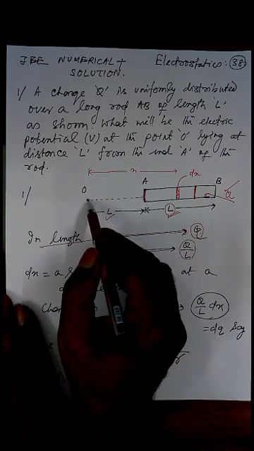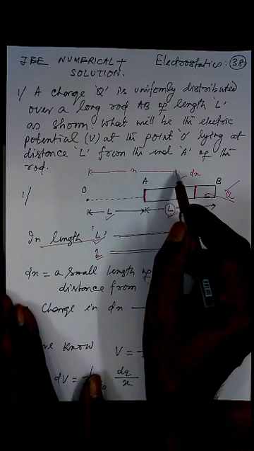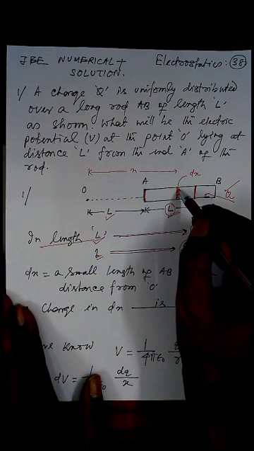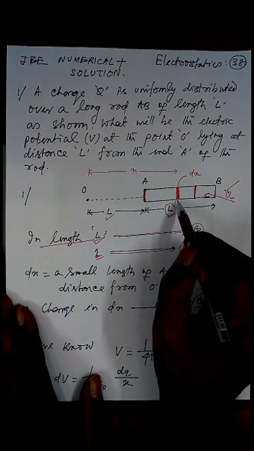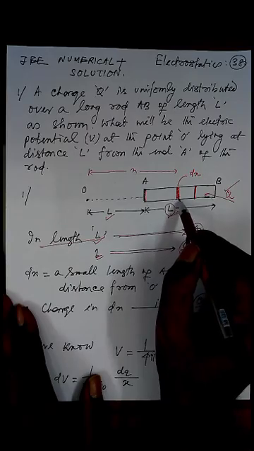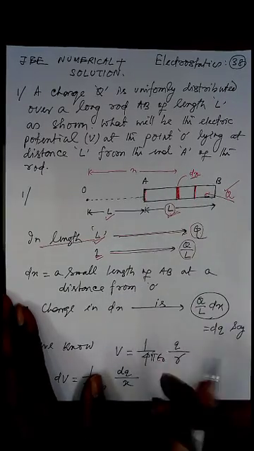Now, from this point at a distance x, that is here, consider a small element of the rod of length dx. This length from here to here is dx.